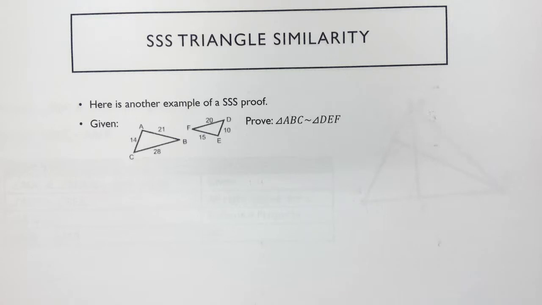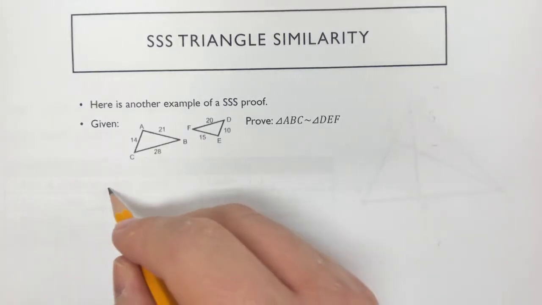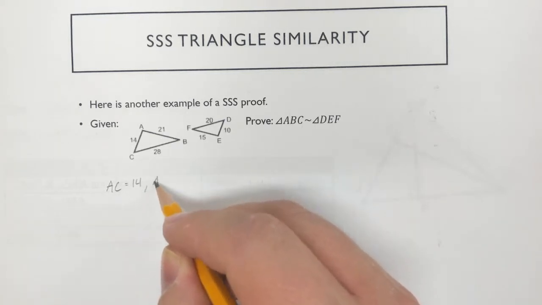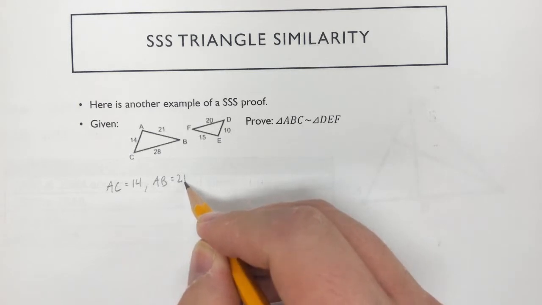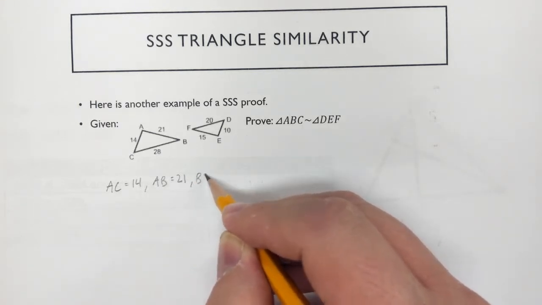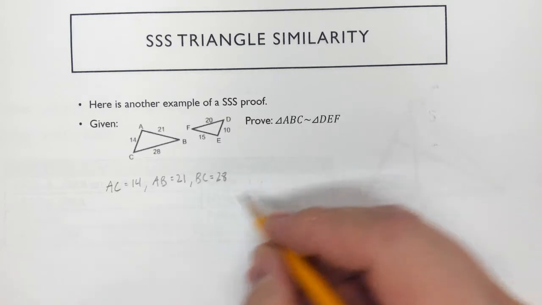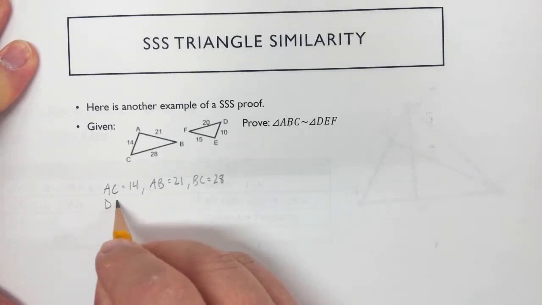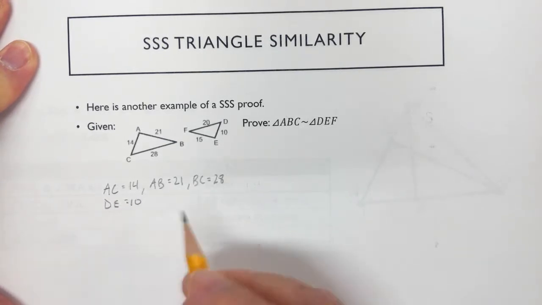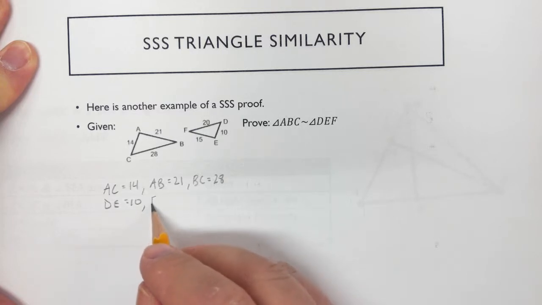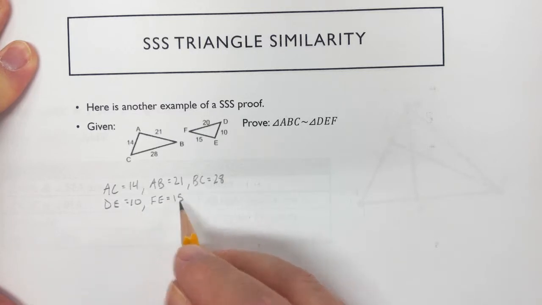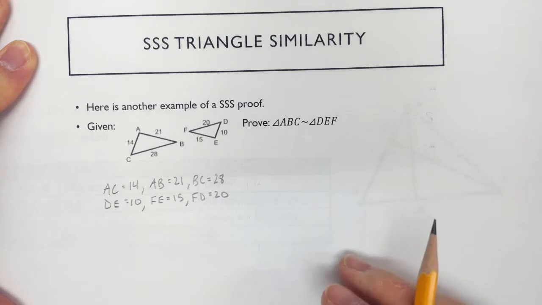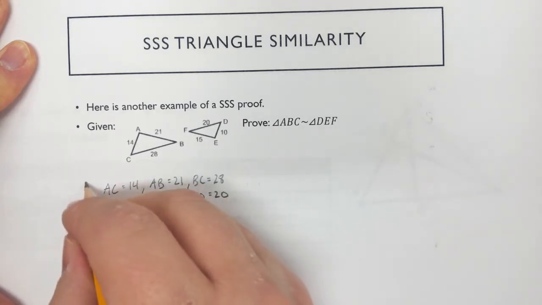Essentially we're given that AC is equal to 14, AB is equal to 21, BC is equal to 28, and we're given that DE is equal to 10, FE is equal to 15, and FD is equal to 20. So that's what we were given.